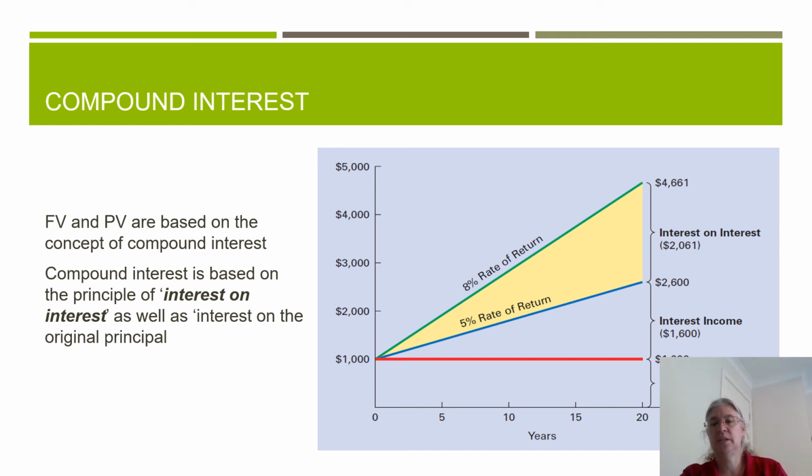So we've got interest income of $1,600. But we were receiving this interest over the time. So as time goes on, you get paid interest on that $1,600 as you slowly receive it. So you're actually getting an 8% rate of return, and you're going to end up with $4,601.